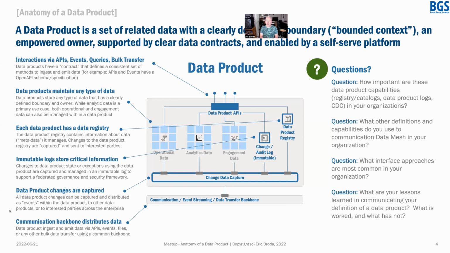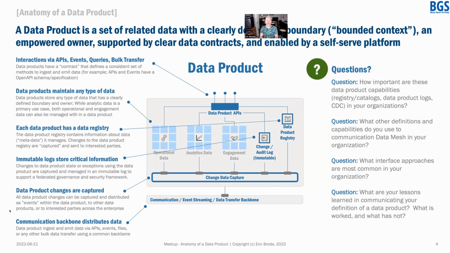There's events where other data products or entities can subscribe to and listen for events from a data product, whether it's change data capture, for example. There's obviously queries, being able to directly interrogate the data product using SQL, for example. And obviously there's bulk data transfer, moving data in and out of the data product as necessary.